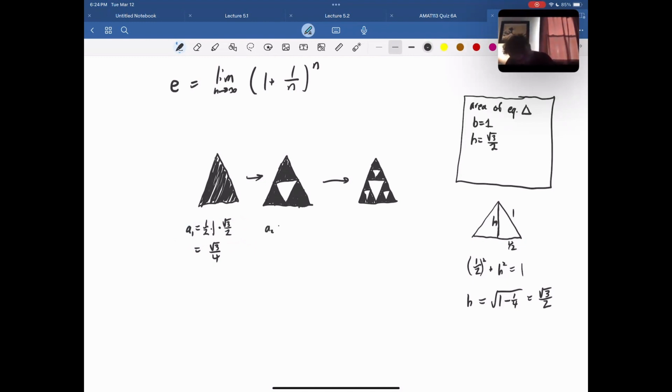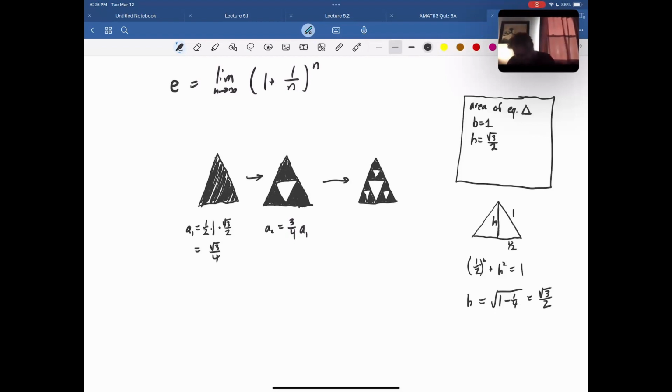Now to find the area of the second part of this sequence, right, we need to notice that we've removed a quarter of the original. And so we're going to wind up with a recurrence relation, right? And so the area, the blackened area of this second stack of triangles is just going to be 3/4 the area of the first one, right?